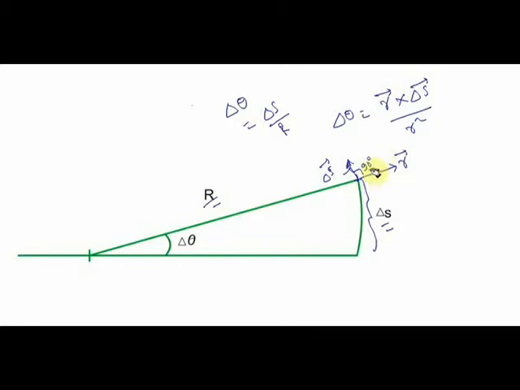So we can see from here the direction of R cross delta S would be going into the plane for clockwise rotation, and for anti-clockwise rotation the direction of delta S will change. It will be here, and so the direction of delta theta would be coming out of the plane.